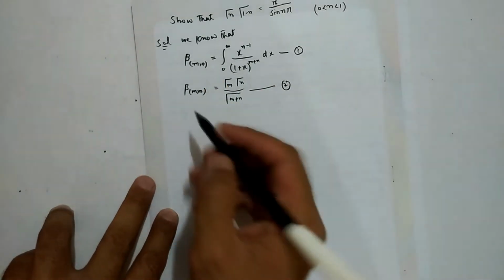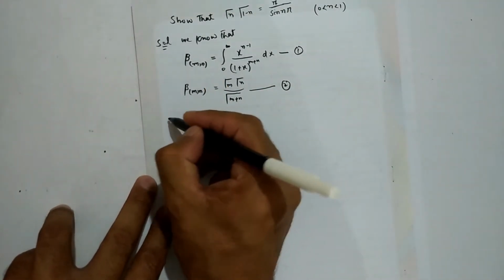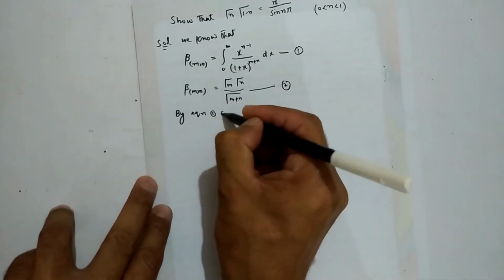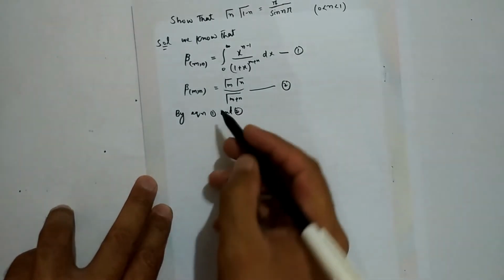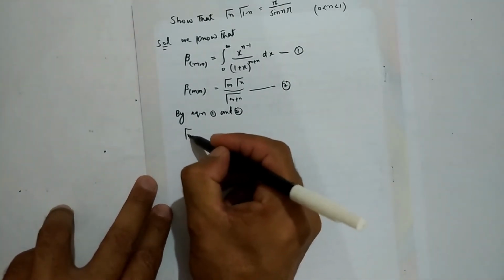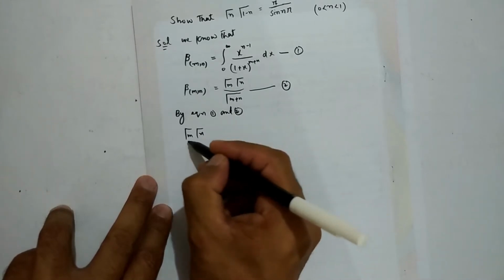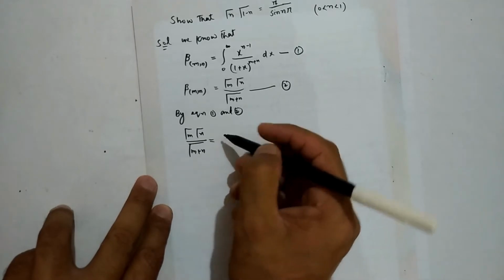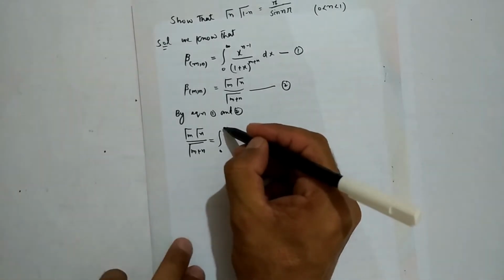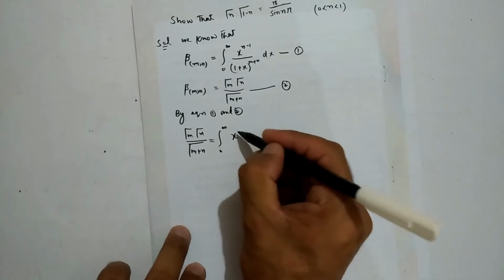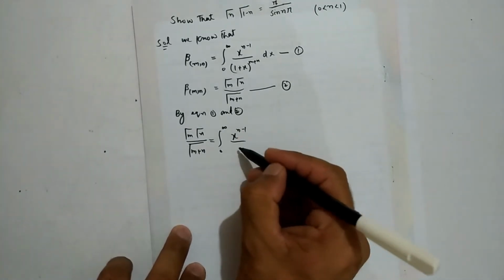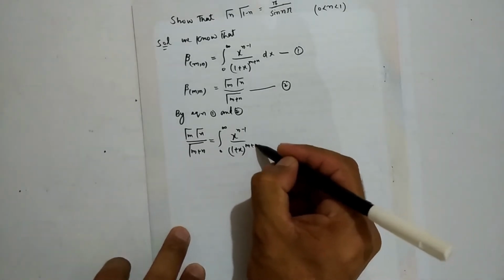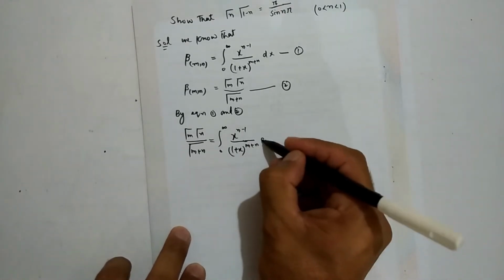Now, using these two equations, equation 1 and 2, we can write gamma m into gamma n upon gamma m plus n is equal to integral from 0 to infinity x to the power n minus 1 upon 1 plus x to the power m plus n into dx.